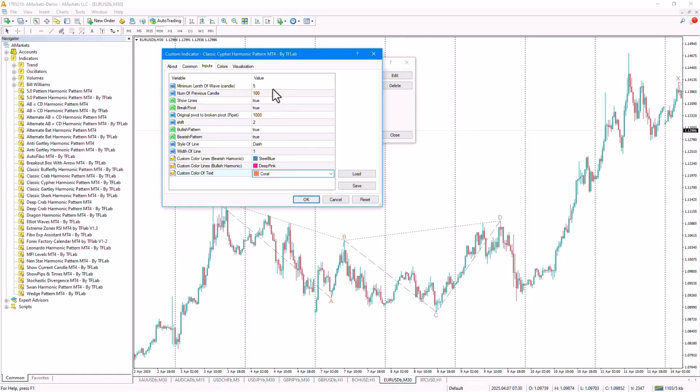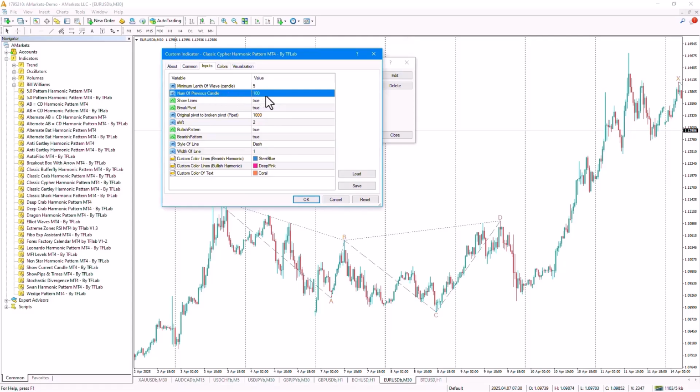Please note that in the MetaTrader 5 platform, pivots are used instead of candles, and this section uses pivots for calculations. The value we enter here is the value of the pivots.